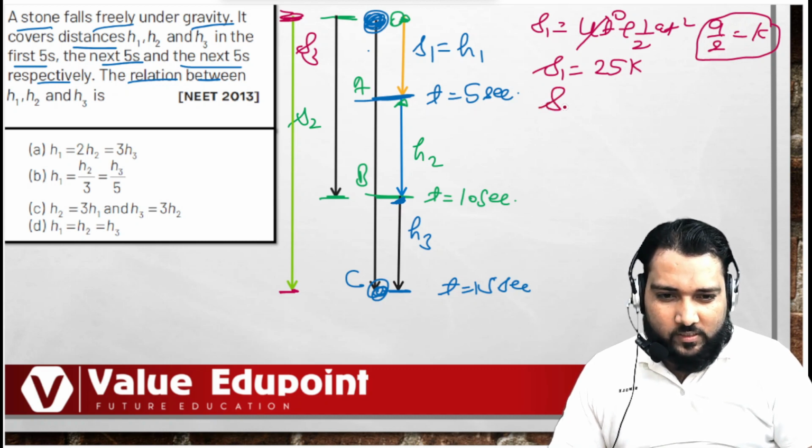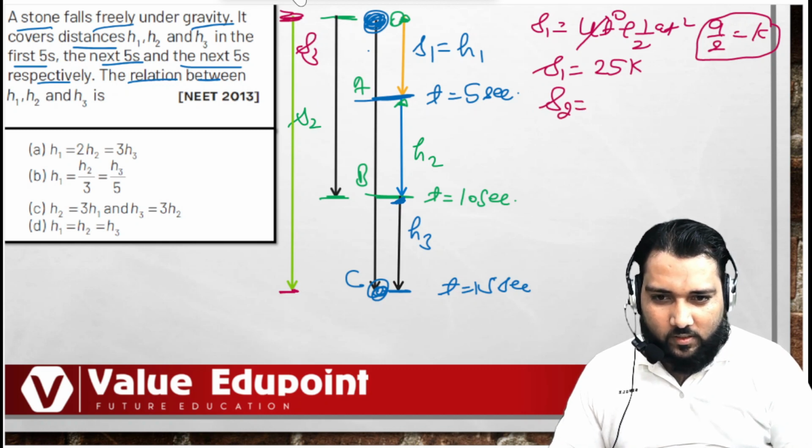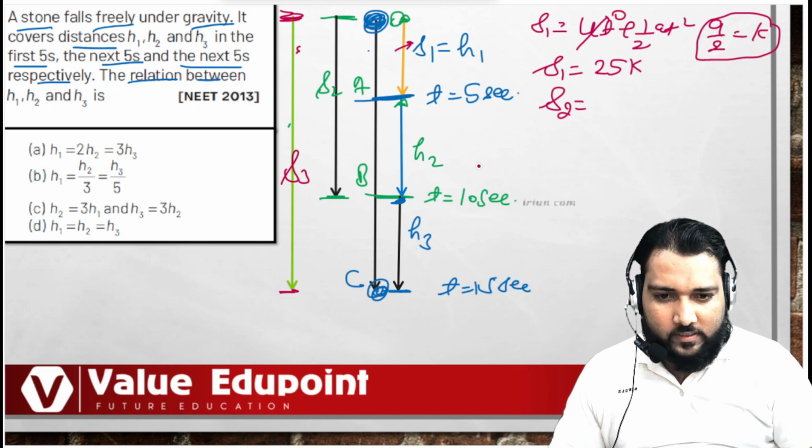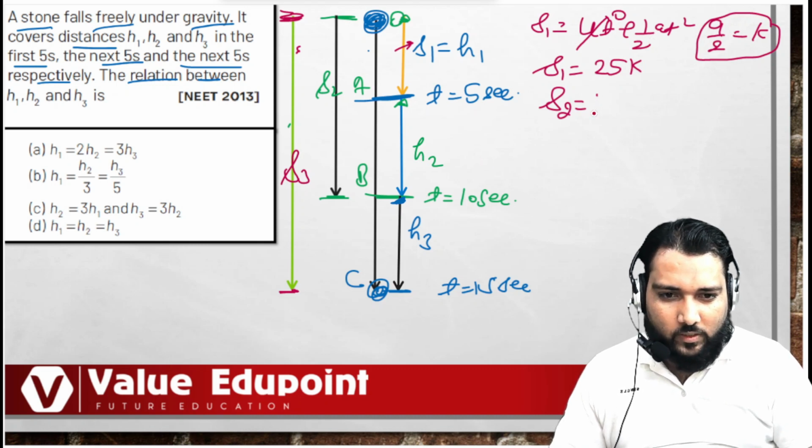Now for the s2 distance, don't confuse, guys. This is the s1 distance, this is the s2 distance, and this is the s3 distance. Now for s2, a by 2 is constant, t square in the first 10 seconds is 100, so s2 is 100k.